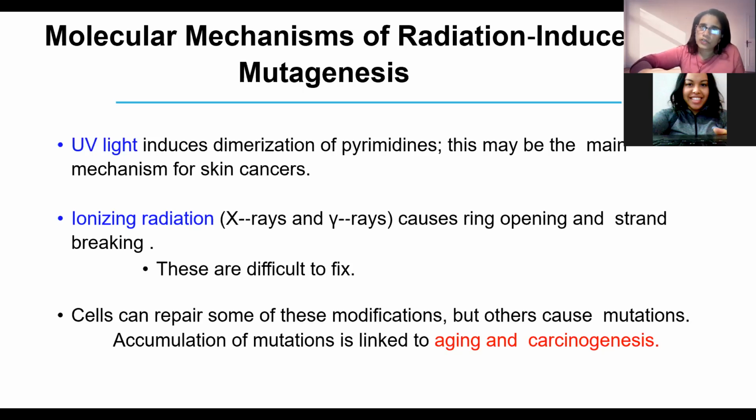So when you are outside and you don't have a sunblock on, or you have prolonged exposure, it can definitely affect you because it causes the dimerization of pyrimidines. And if the damage is not fixed, it can possibly make that cell cancerous. And that is the reason for skin cancers.